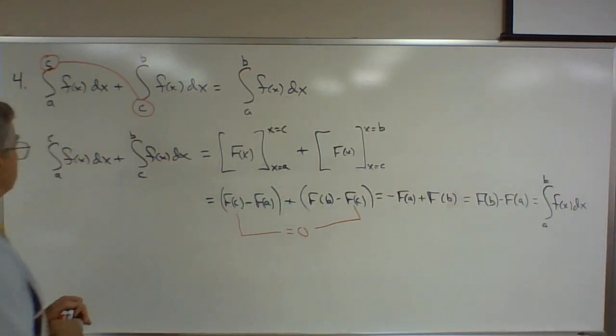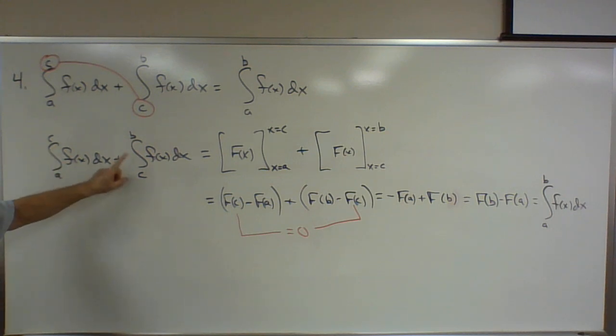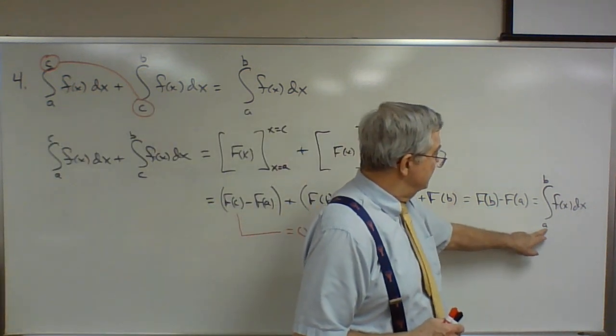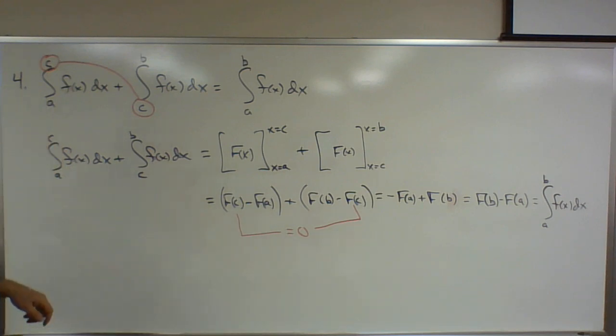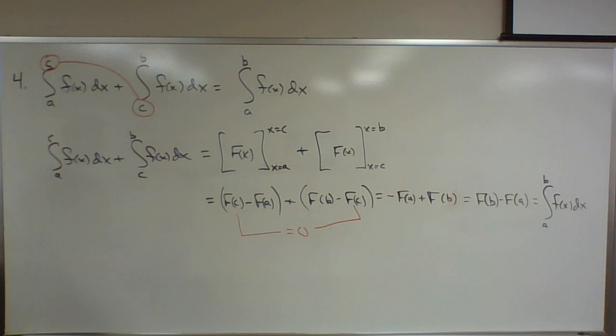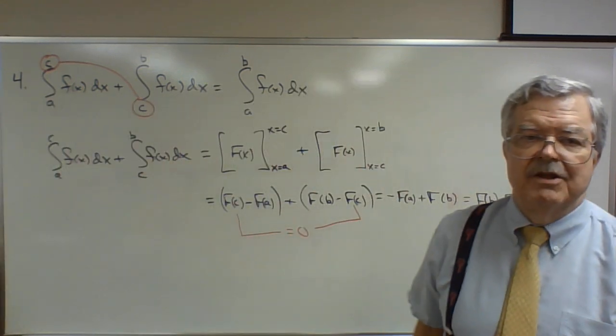So we started out with the integral from a to c of f of x plus the integral from c to b of f of x, and we get the integral from a to b of little f of x. Exactly what was supposed to happen. Now that's accounting for it algebraically and numerically.